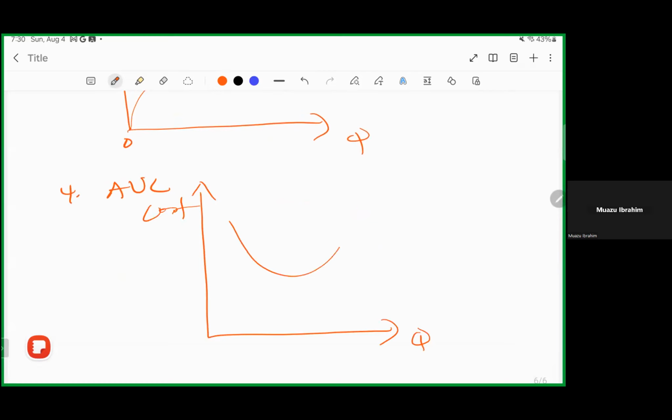So this is average variable cost. It's U-shaped. It decreases when output is low, and increases when output is high.